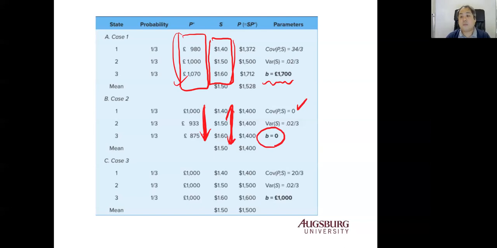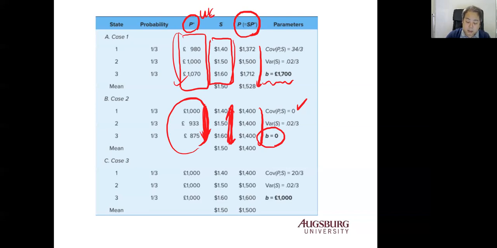The future dollar price of the asset will be uniformly 1,400. So this is the dollar price, right? This is the UK price. This is the dollar price. So even though the UK price decreases, the dollar value doesn't change.